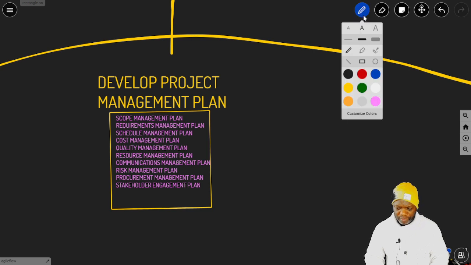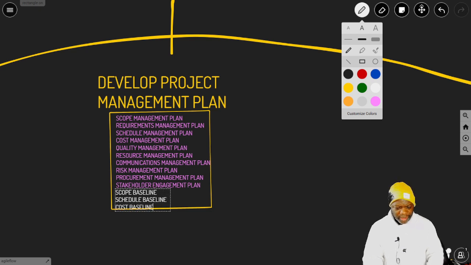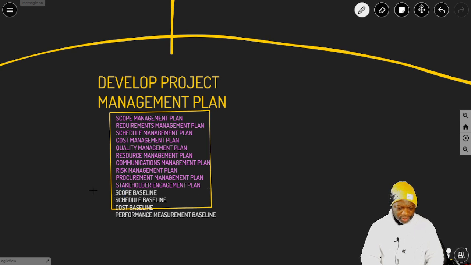We have a scope baseline, a schedule baseline, a cost baseline, and we have something we call a performance measurement baseline, which is a combination of all of the baselines.